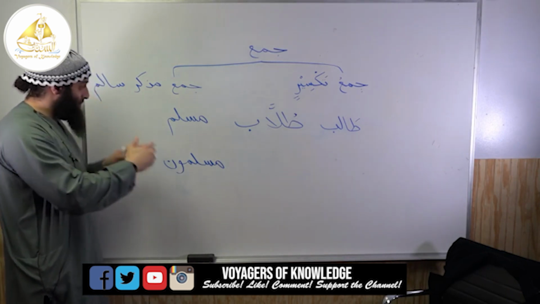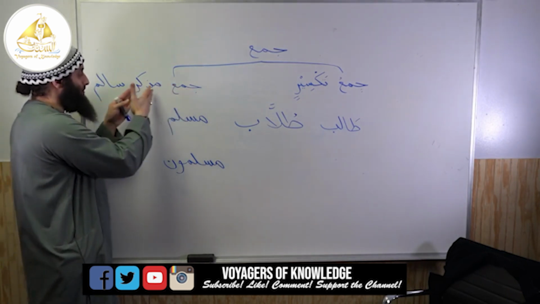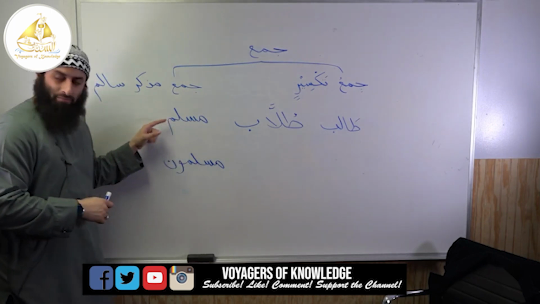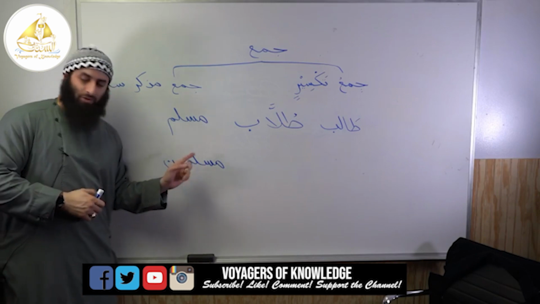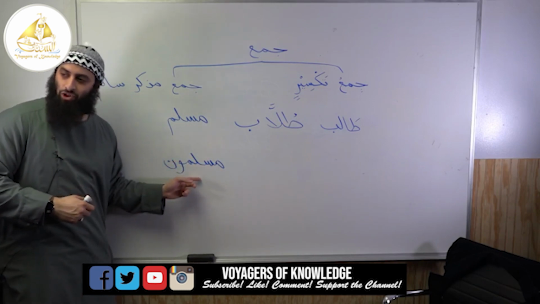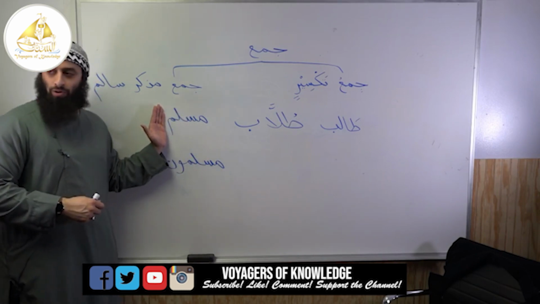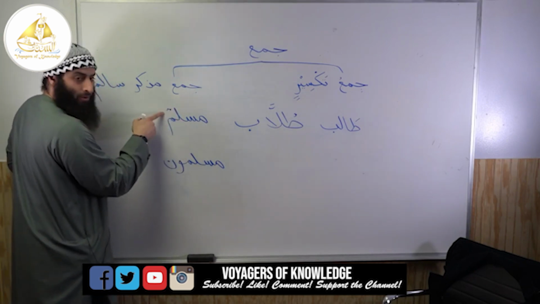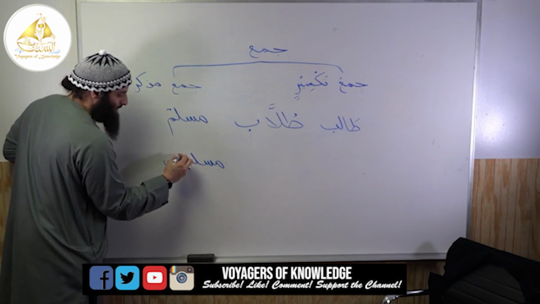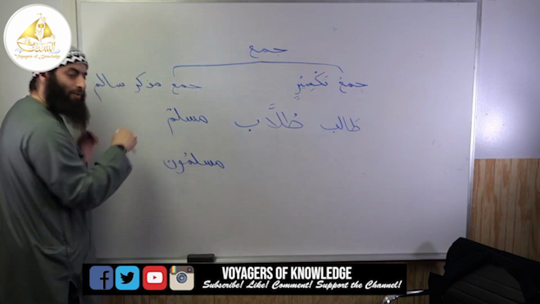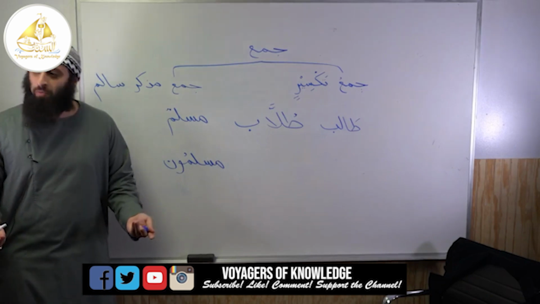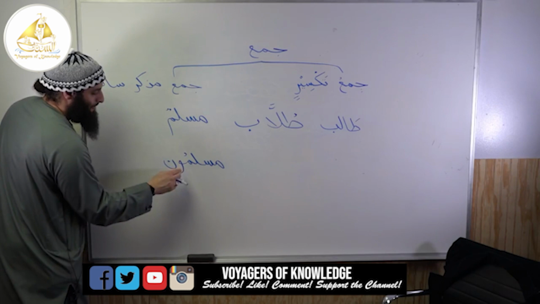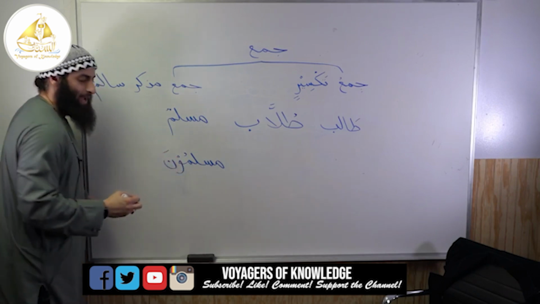Okay, so this one is still plural, mudhakkar salim, masculine, sound plural. Muslimun, you didn't change anything. The structure didn't change, the harakat didn't change, all the way till the end of the word. And this used to be tanween dhammatain, right? Muslimun. So the only thing that changed was just getting rid of one dhamma, and that's not so much a big deal. And it had to be because it's not the end of the word. And then it ends muslimuna.